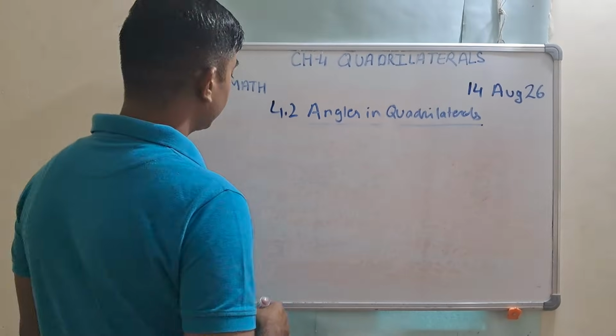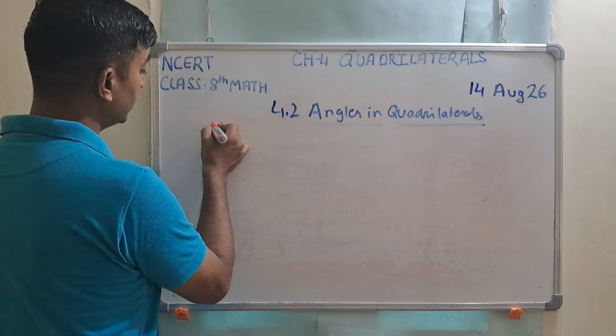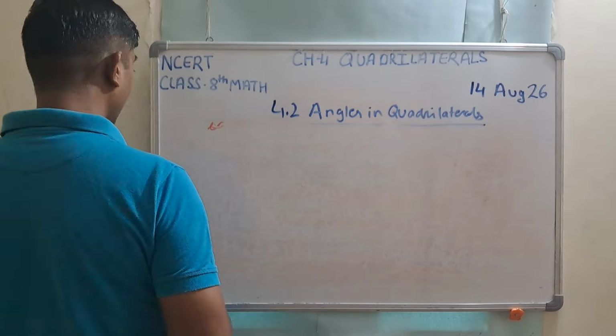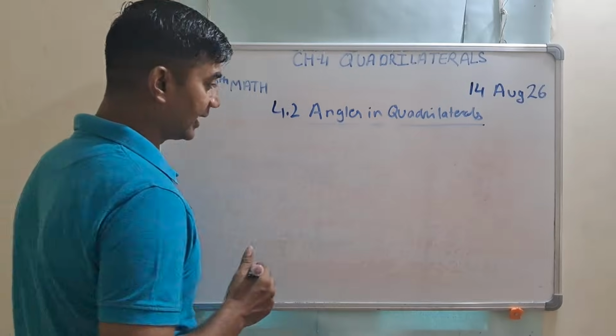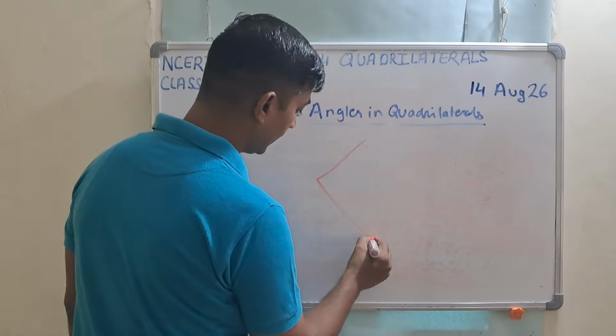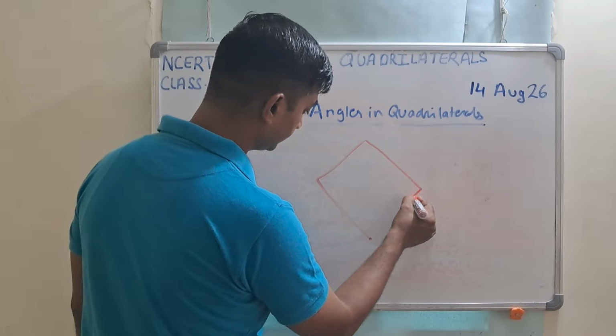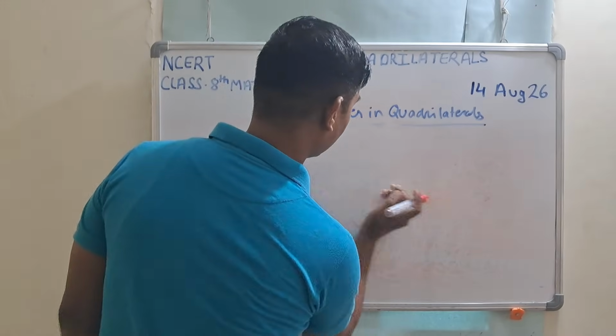Now see, since we have studied how the internal angles of a parallelogram behave, if one angle is given to us, are we able to find out the other angles? If this is a parallelogram, let's draw a parallelogram.